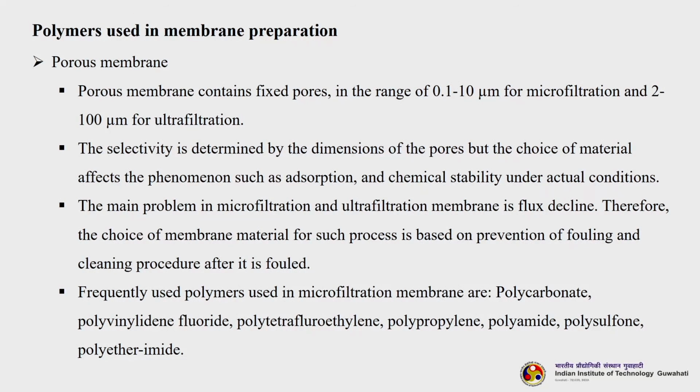Now, the selectivity is determined by the dimensions of the pores, but the choice of material affects phenomena such as adsorption and chemical stability under certain actual conditions. The main problem in microfiltration and ultrafiltration is the flux decline. We have discussed this in the last class. Therefore, the choice of membrane material for such processes is based on prevention of fouling and the cleaning procedure after it is fouled.